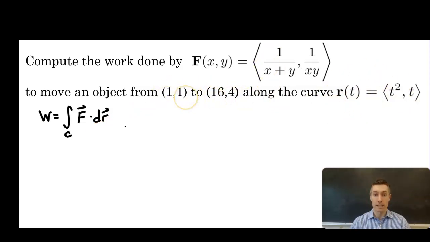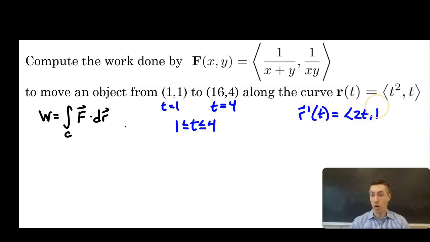So let's just get our t bounds out of the way. So this would be t equals 1. This would be t equals 4. Right? So t goes from 1 to 4. Our r prime of t is going to be 2t, 1. Then we need to redefine the vector field in terms of t.